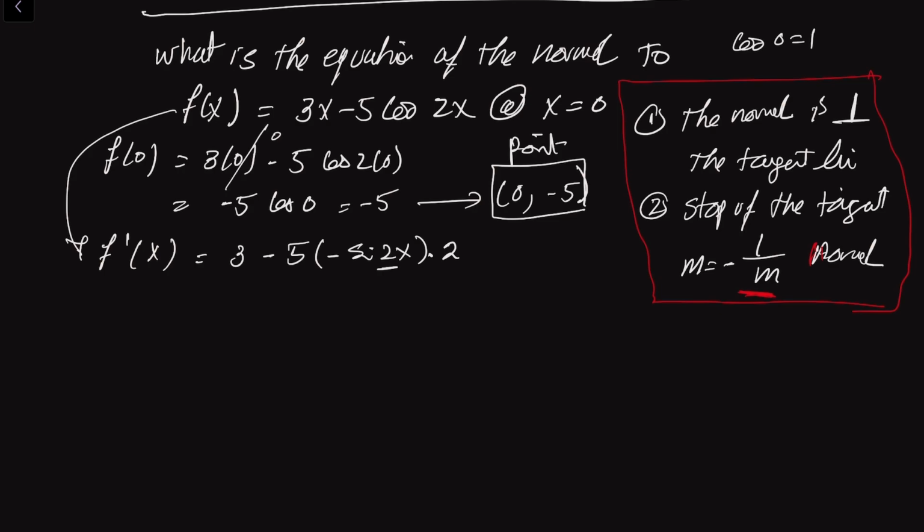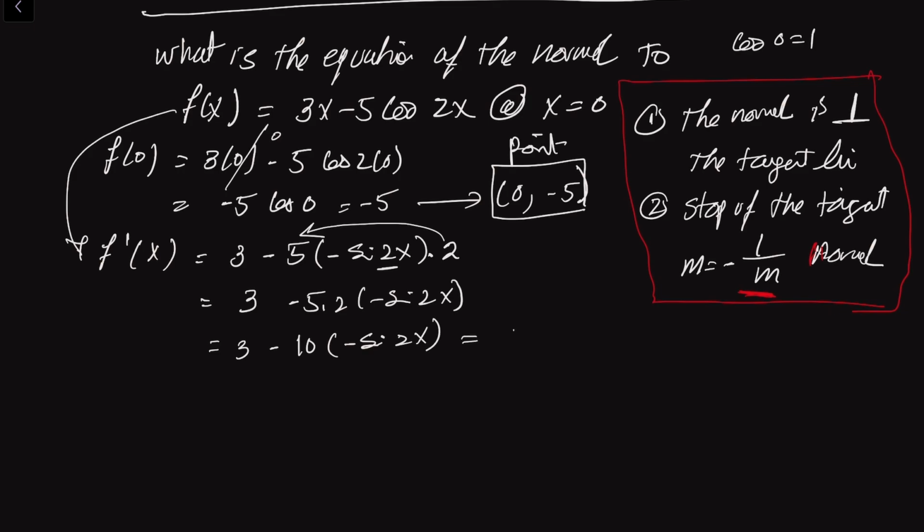All right? Okay, so let's simplify this. It will be equal to 3 minus 5 times 2 times minus sine 2x. So it will be 3 minus 10 times minus sine 2x. So it will be equal to 3 plus 10 sine 2x.